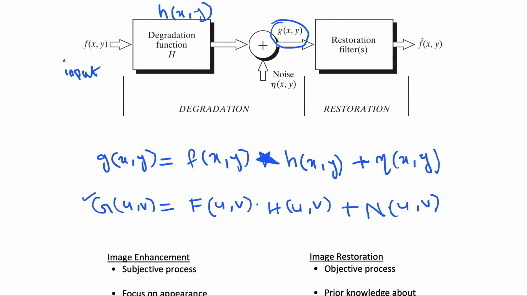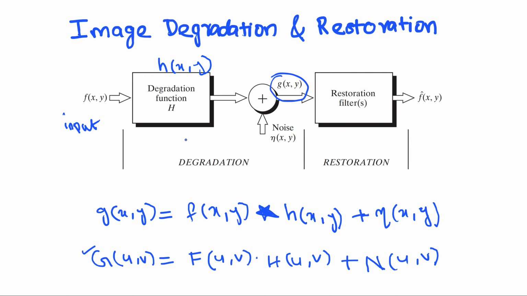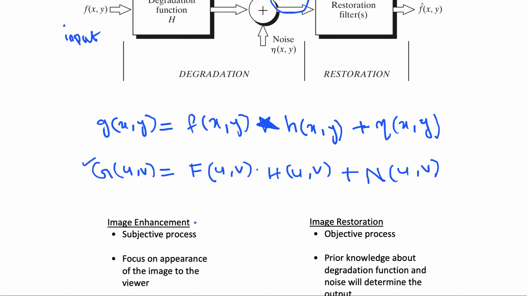Now there are two terms. One is image restoration, and previously we have seen a term called image enhancement. We used certain techniques such as spatial filtering, contrast stretching, and image averaging. So what is the difference between those processes and image restoration?